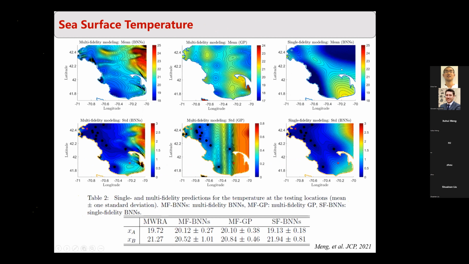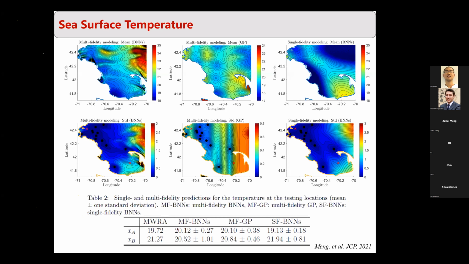And this is the prediction from single fidelity modeling. By single fidelity modeling, I mean we just use the high fidelity data in the training. And this is the predicted mean and uncertainty for the temperatures at the 2 test locations. As we can see, the computational errors between the predicted mean and the reference solution are also bounded by our predicted uncertainty.